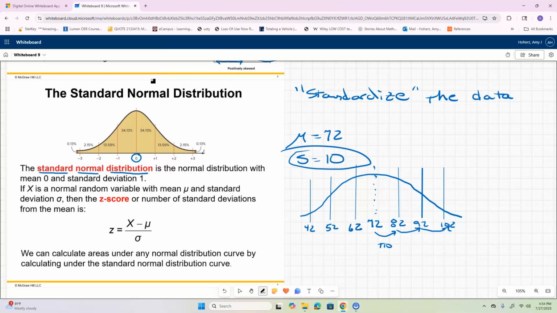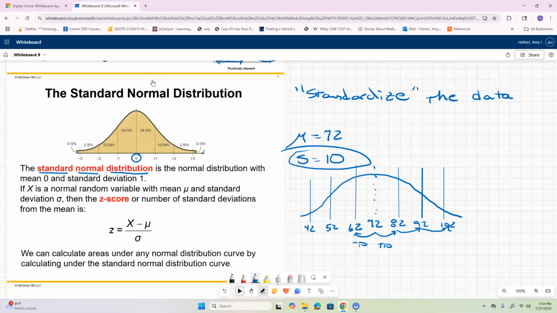It's just because in this case we had a standard deviation of 10. So this way you're going to go minus 10, minus 10, minus 10. But if we standardize that, we would say that 72 is 0 on our standardized scale. We would say 82 was plus 1 standard deviation.